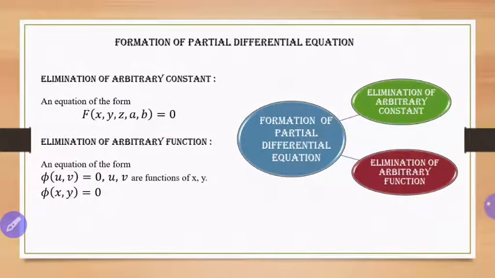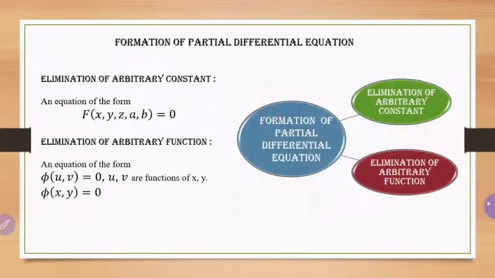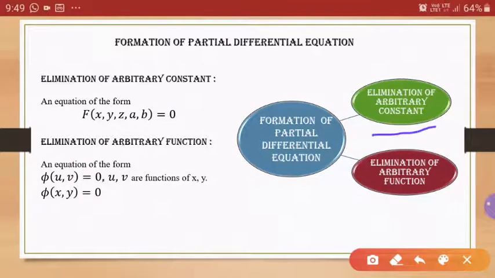Next is formation of partial differential equation. So this is our first topic, formation of partial differential equation. There are two types: formation by eliminating arbitrary constants and by eliminating arbitrary functions. First, by eliminating arbitrary constants, the original equation is in the form f of x y z a b is equal to 0, where we eliminate the arbitrary constants a and b.